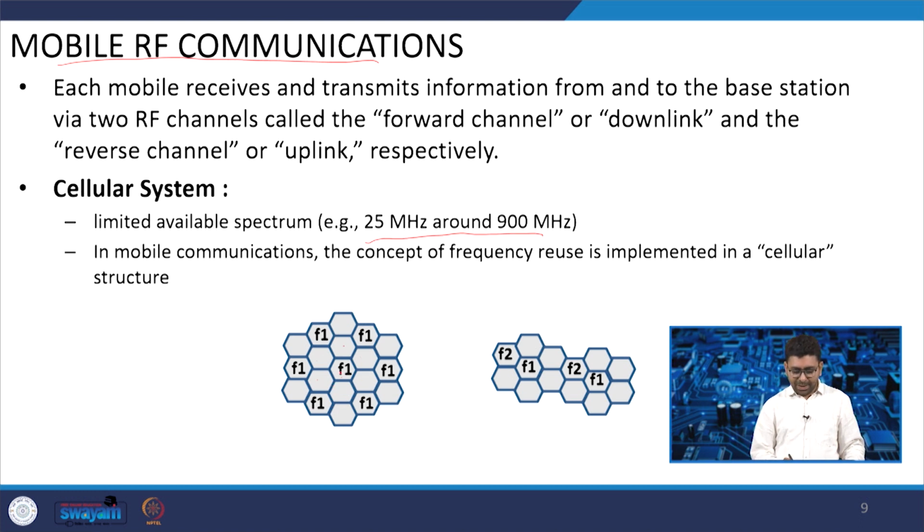For this entire cell structure there are only these frequencies, and again you can reuse the same frequency after a certain cell coverage area. For example, here f1 and f2 are used, and again you can use f1 and f2.